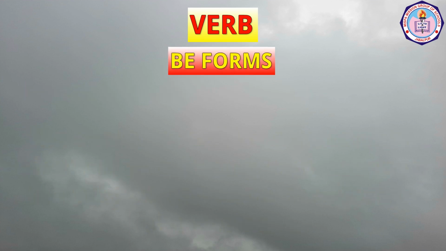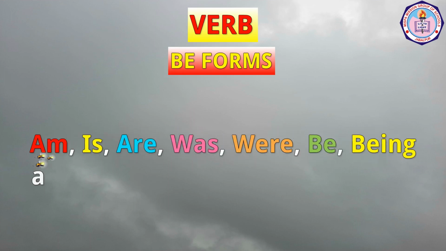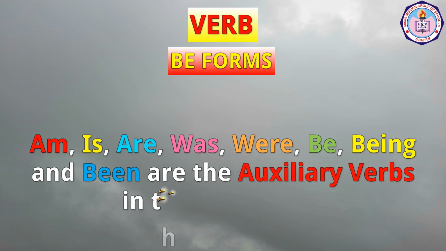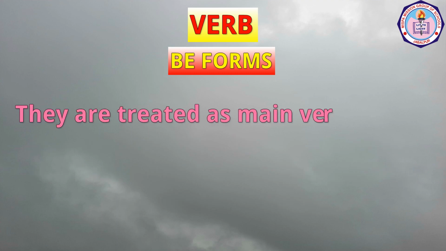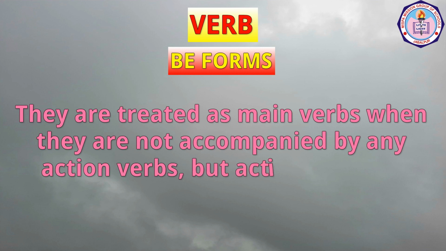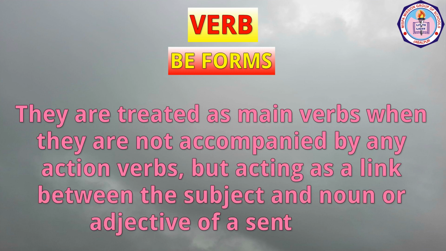Be forms: am, is, are, was, were, be, being, and been are the auxiliary verbs in the be family. They are treated as main verbs when they are not accompanied by any action verbs but acting as a link between the subject and noun or adjective of a sentence.